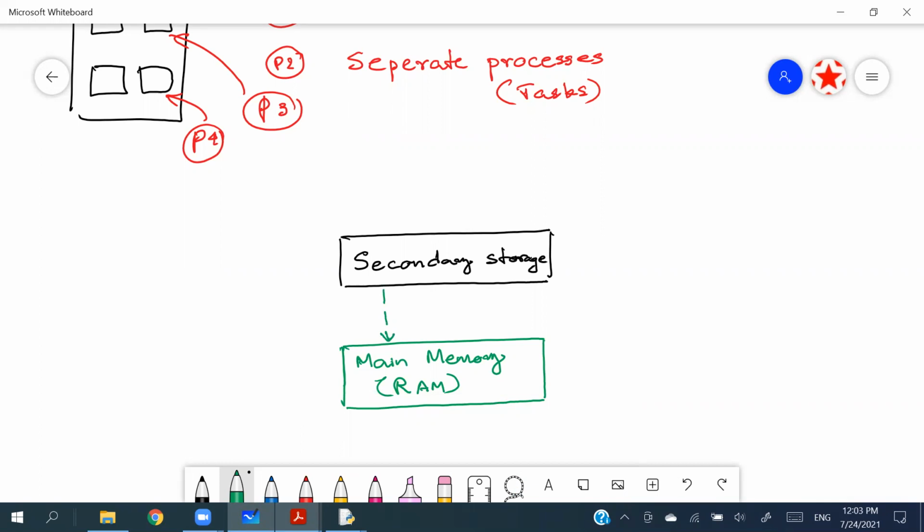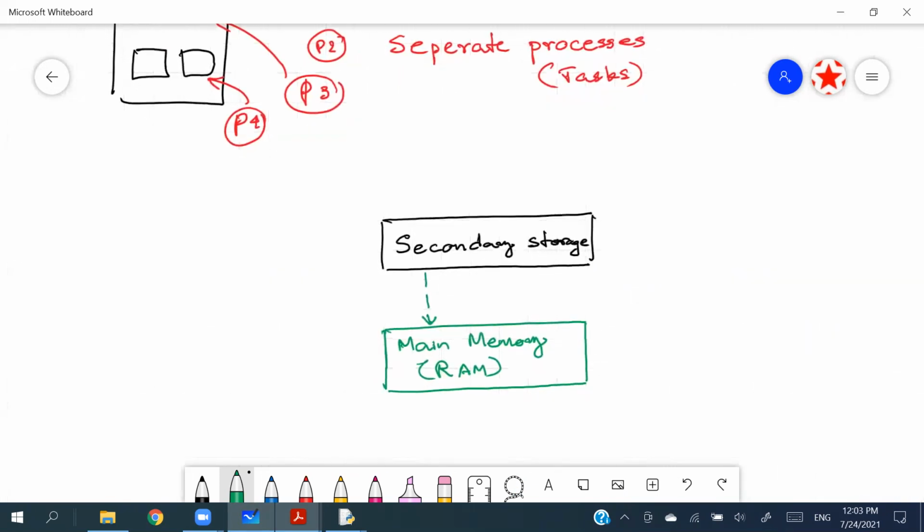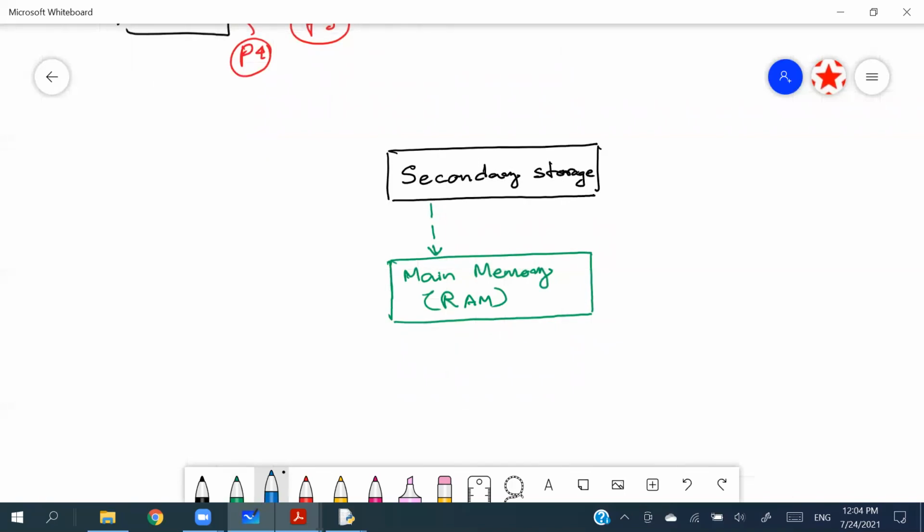So the program is taken to the main memory, right? And there is another way that the main memory can get data. It is the input devices, right?